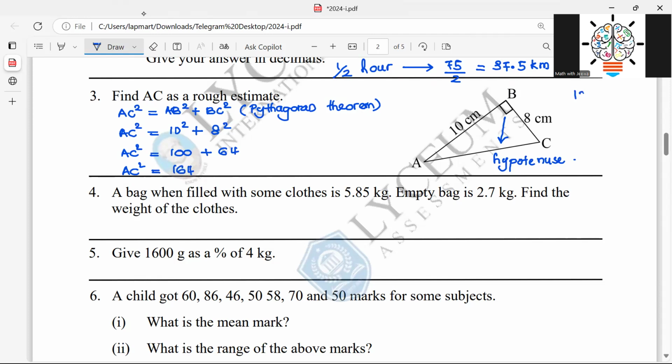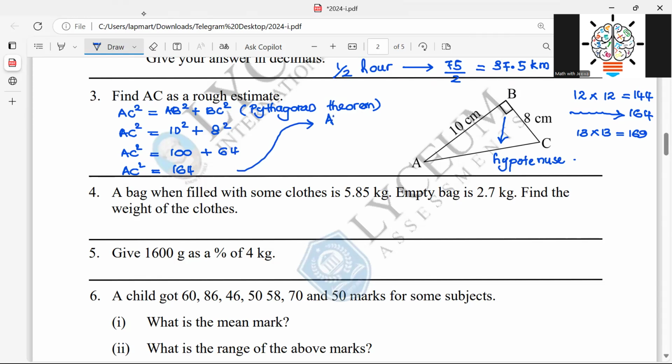And we know 12 times 12 is 144. Then 13 times 13, that is 169. Whatever the value we are talking about here, that is 164, should be in between 144 and 169. So then I'm continuing here.